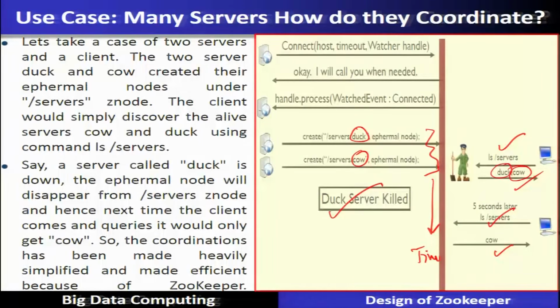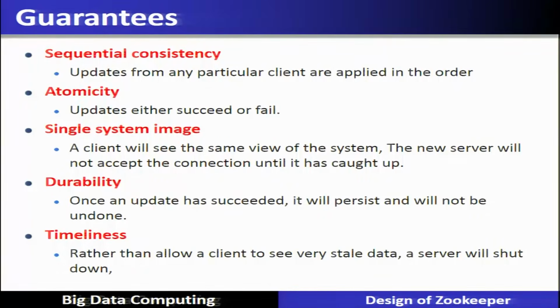When the server duck is down, its ephemeral node disappears from the /servers Znode, and hence the next time the client queries, it will only get cow. So, the coordination is heavily simplified and made efficient because of Zookeeper.